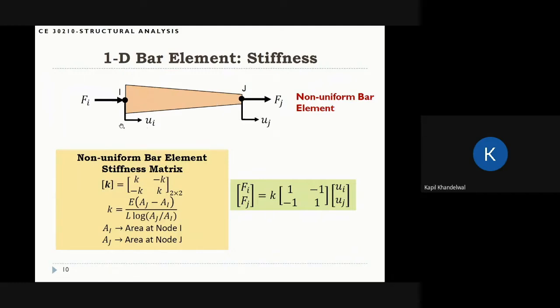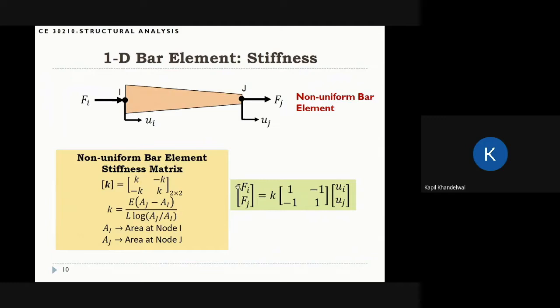We derived that expression of K. The stiffness coefficient K was E divided by L, times Aj minus Ai, divided by log of Aj divided by Ai. So if you have a non-uniform bar member, make sure that you use this stiffness matrix.